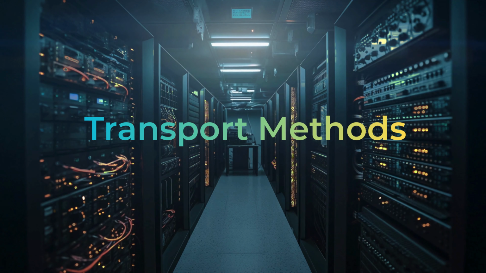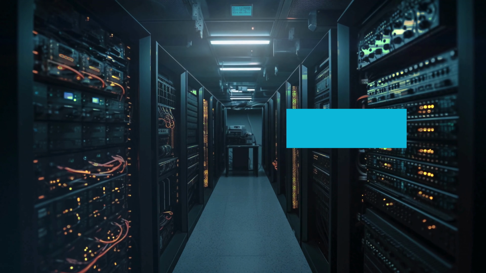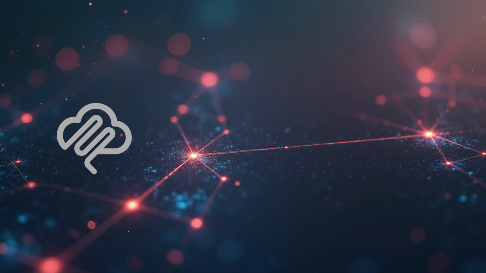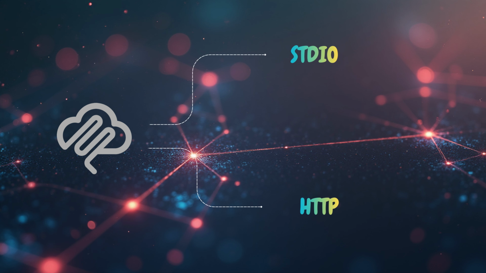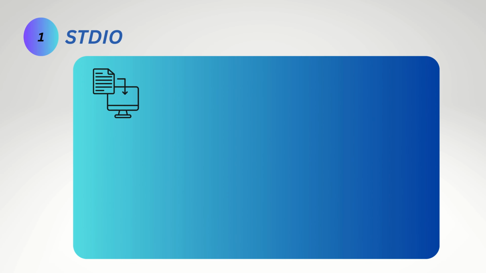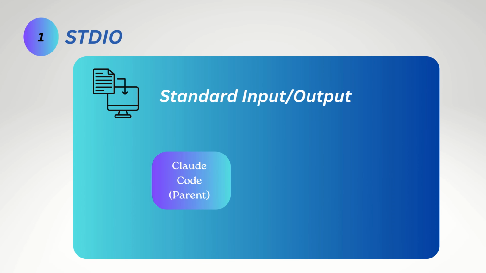Let's talk about how MCP hosts connect to MCP servers. There are two main transport methods, STDIO and HTTP. Understanding this will help you choose the right setup. STDIO stands for Standard Input Output. This is the most common method used for local development. So how does it work? When you start Claude Code, it spawns the MCP server as a child process.